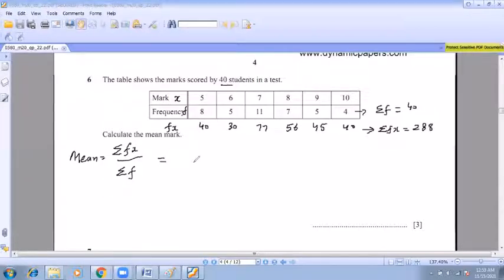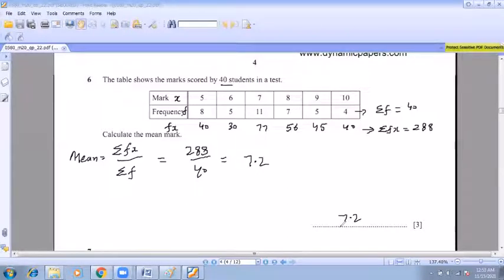We can substitute in the formula. So we have 288 divide 40, which gives us 7.2. So your answer is 7.2 here. This is the mean value. We applied the grouped data concept.